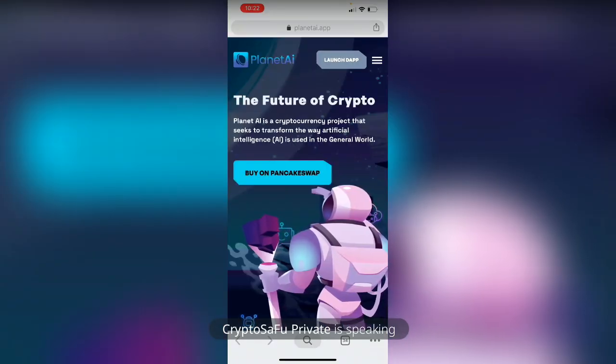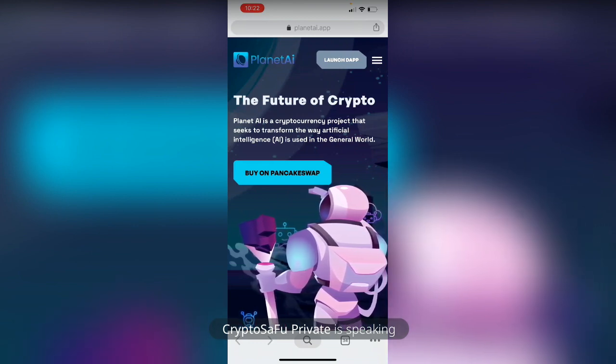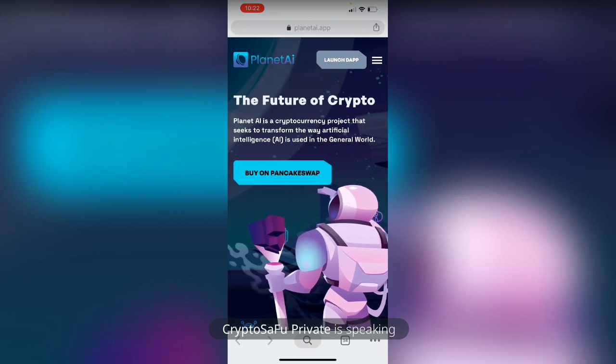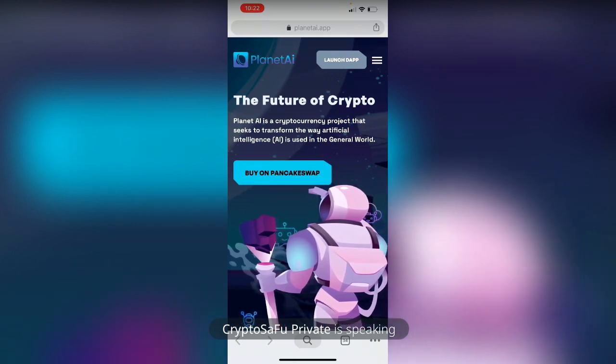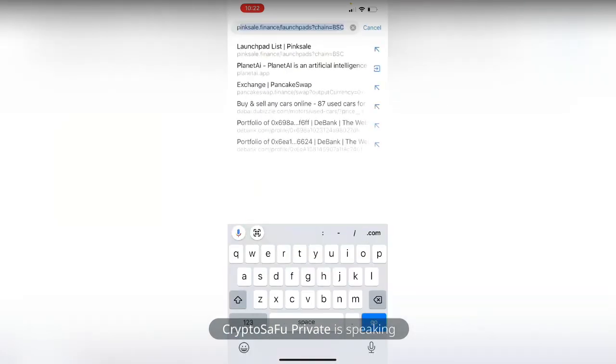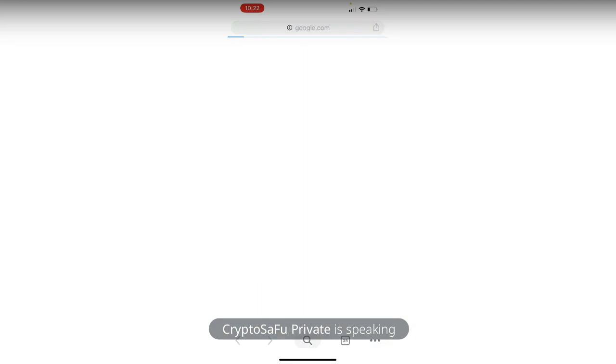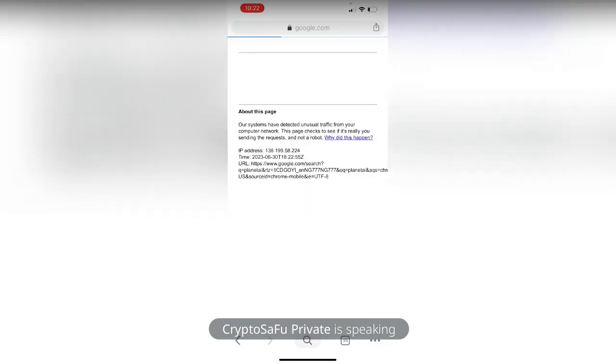The reason why I'm going from Dex2, and not searching on Google, is because I don't want to get to a wrong website. I'm going to show you an example of a scenario where I can get into a wrong website. So, for example, assuming I've actually searched for the project over here, Planet AI. Let's see.